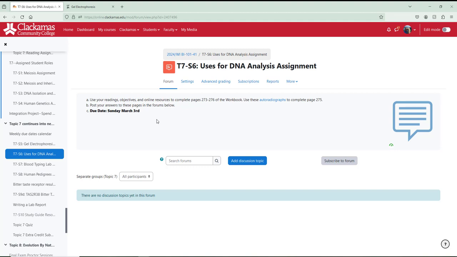For this example, we have these autoradiographs that you will be using to help complete page 275. But before you look at these, make sure you're looking at page 273 and learning how to read them.